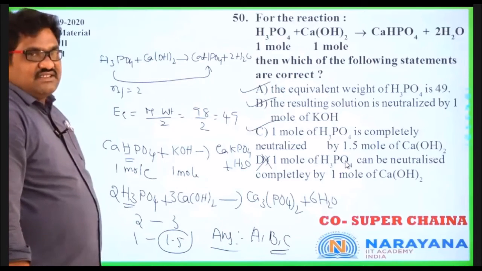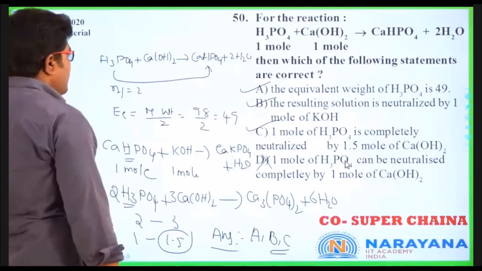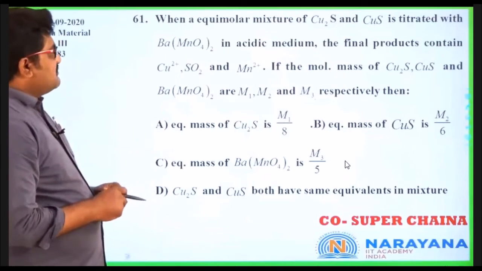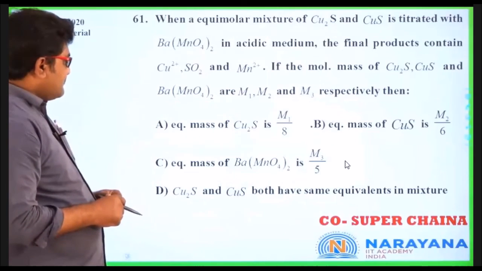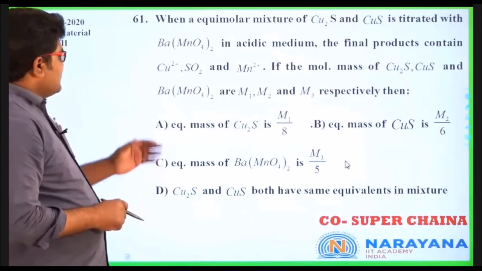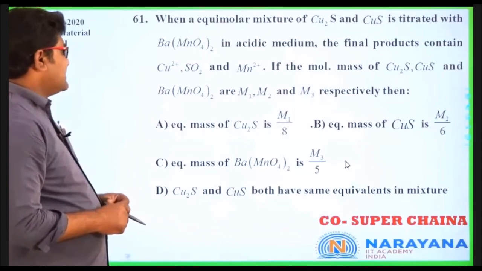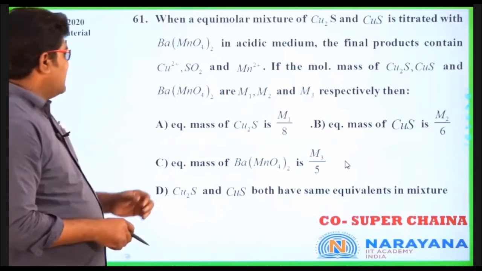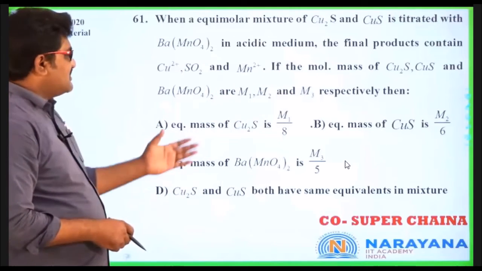Okay, let us go for the next one. When an equimolar mixture of Cu2S and CuS is titrated with barium manganate in acidic medium, the final products contain Cu2 plus, SO2 and Mn2 plus. If the molecular masses of Cu2S, CuS and barium manganate are M1, M2 and M3 respectively, then what is the equivalent mass of Cu2S?